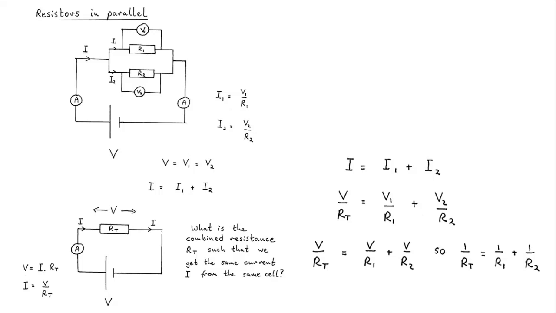So let's substitute for I, it's V over RT, substitute for I1, substitute for I2, and we get V over RT equals V over R1 plus V over R2. The V's will cancel so that 1 over RT equals 1 over R1 plus 1 over R2. If we had a third resistor, it'd be plus 1 over R3. So for resistors in parallel, we get the combined resistance using this formula.